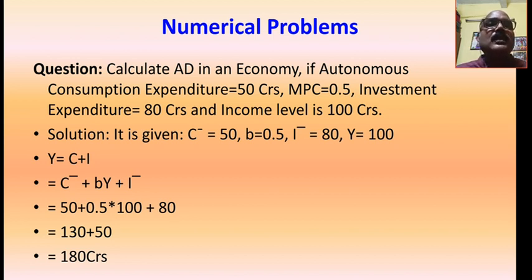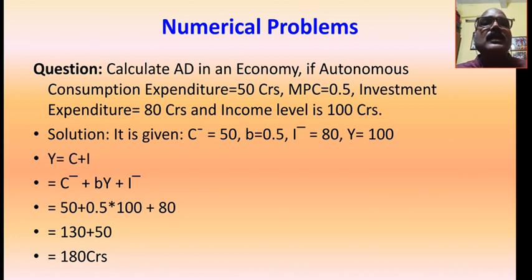Minimum consumption, that is C bar, is equal to 50, and b, that is marginal propensity to consume, is 0.5, then autonomous investment I bar is equal to 80 and income Y is equal to 100. So according to the Keynesian model, aggregate demand is Y equal to C plus I.